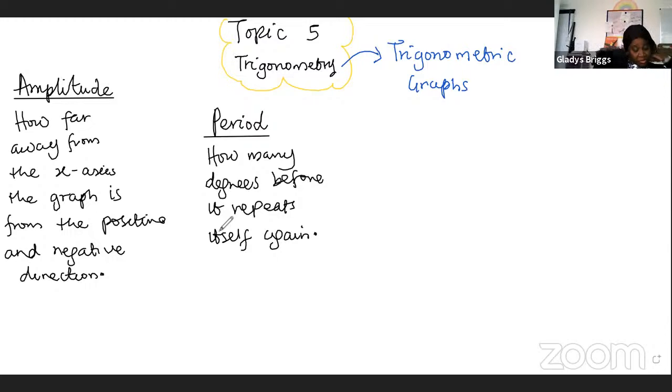Okay, so let's have a look at the graph of sine x and cos x. We'll start with sine x today. But for both graphs, they both have a period of 2 pi, okay? Sine x and cos x, I'll type that in.